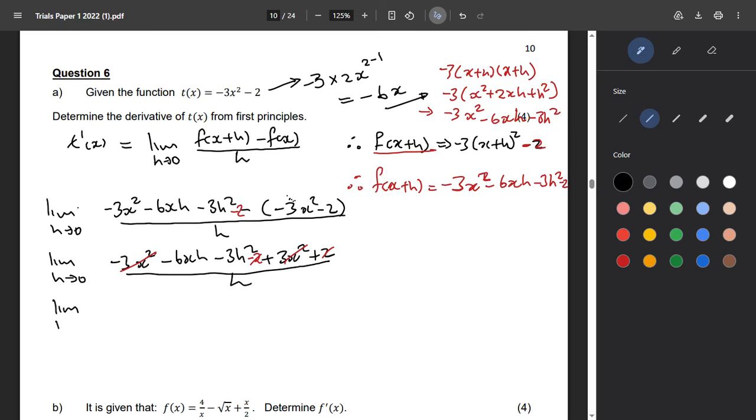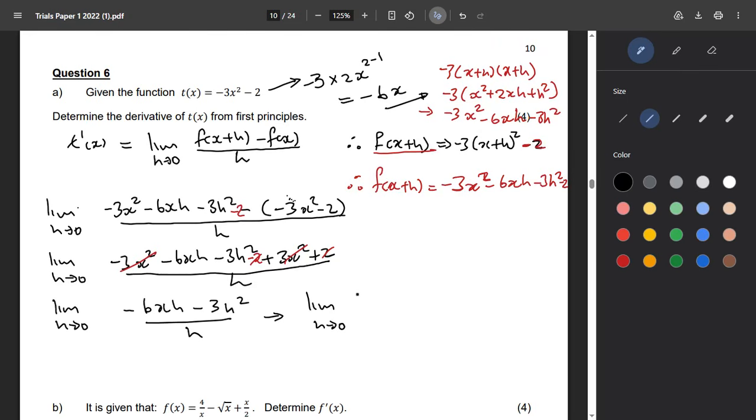Then the limit as h approaches 0, we are left with minus 6xh minus 3h squared over h. So now we can take, because the reason is to get rid of h as the denominator, so that when we substitute h, we don't get anything divided by 0. So this will be the limit as h approaches 0.